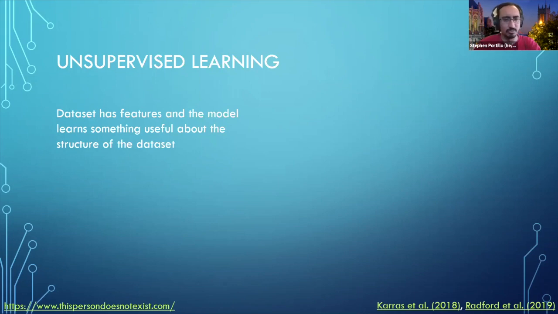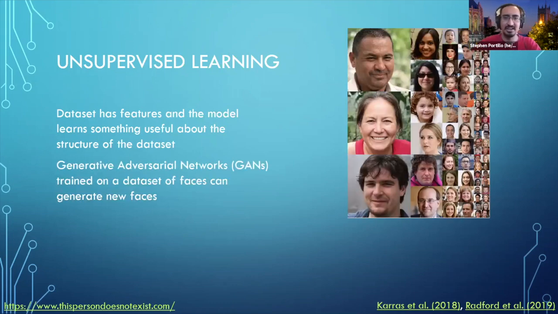And one cool recent example of unsupervised learning, if you follow this field, you may have heard of generative adversarial networks, or GANs. And these are pretty interesting because you can give them a data set of human faces, for example, real images of people. And using unsupervised learning, this GAN learns what human faces look like, and it can generate new pictures of new faces that weren't in its data set.